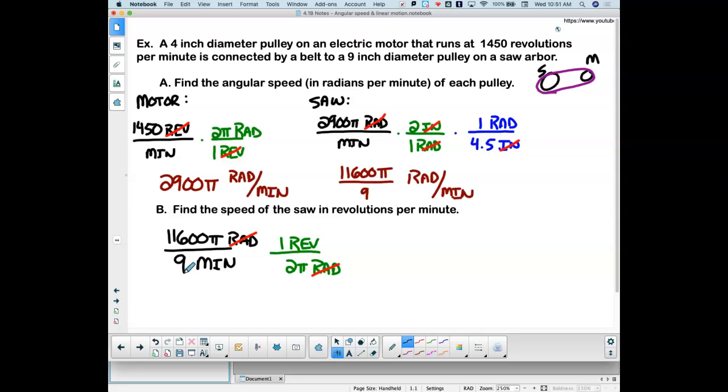So that's going to be 11,600 divided by 2, which is 5,800 over 9 revolutions per minute. That pi cancels out that pi.